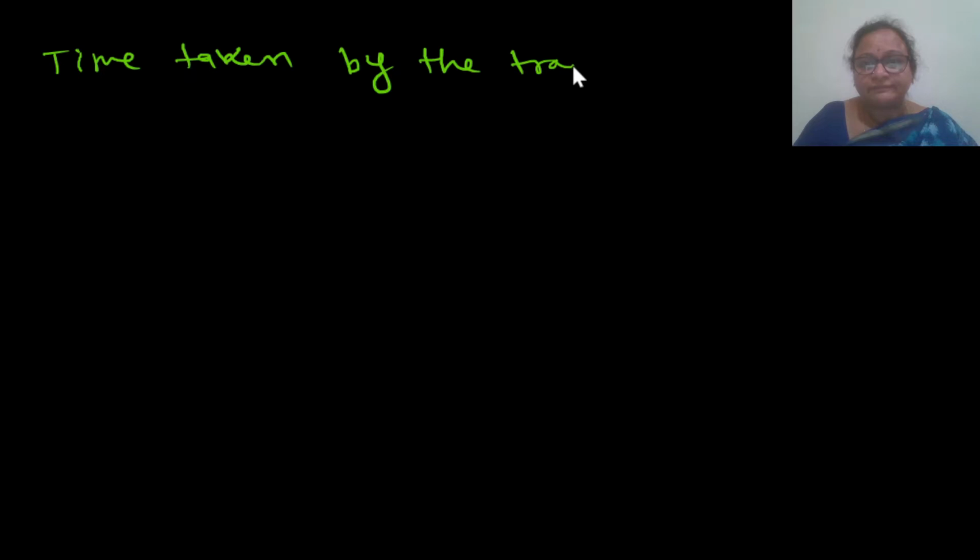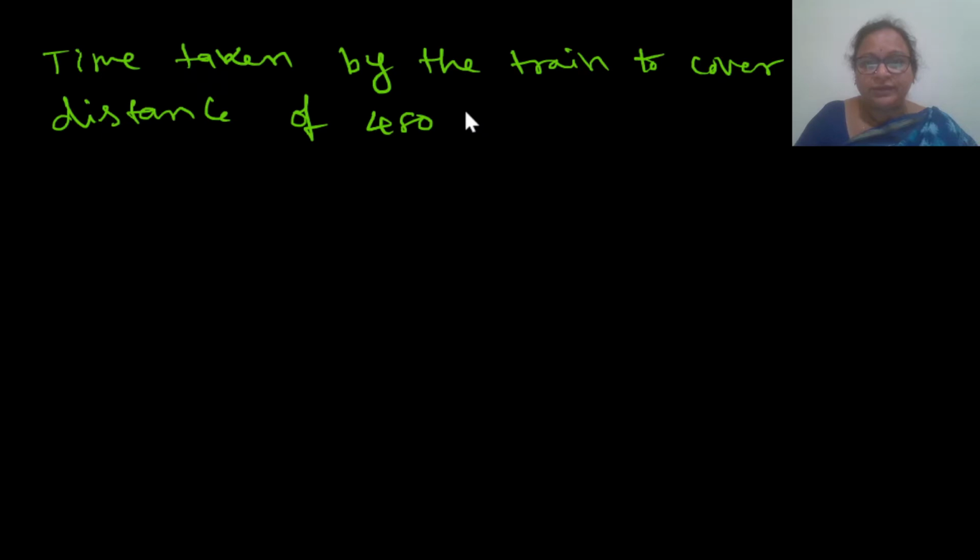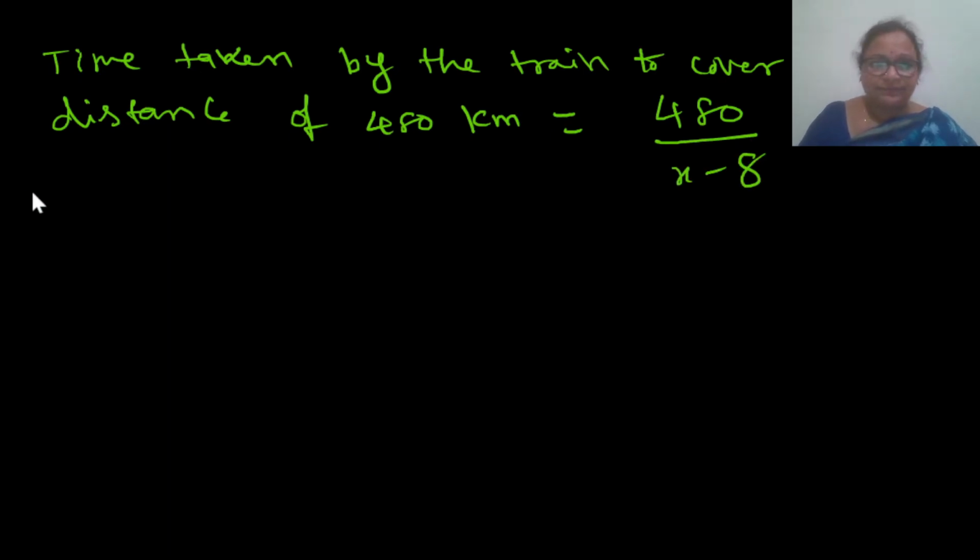Then time taken by the train to cover a distance of 480 kilometers is equal to 480 by x minus 8.